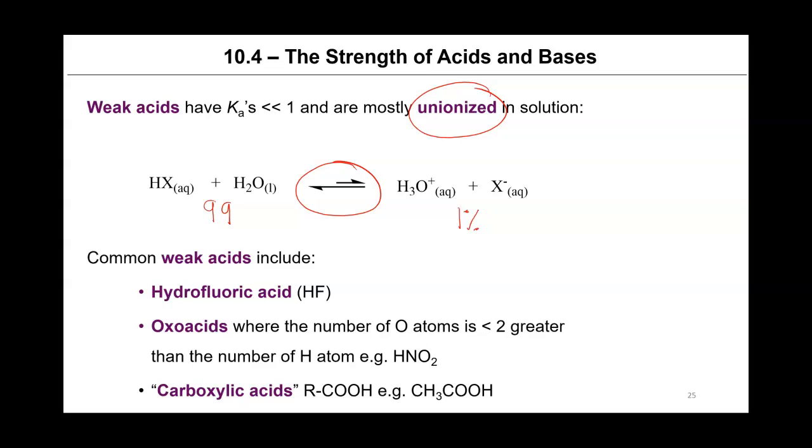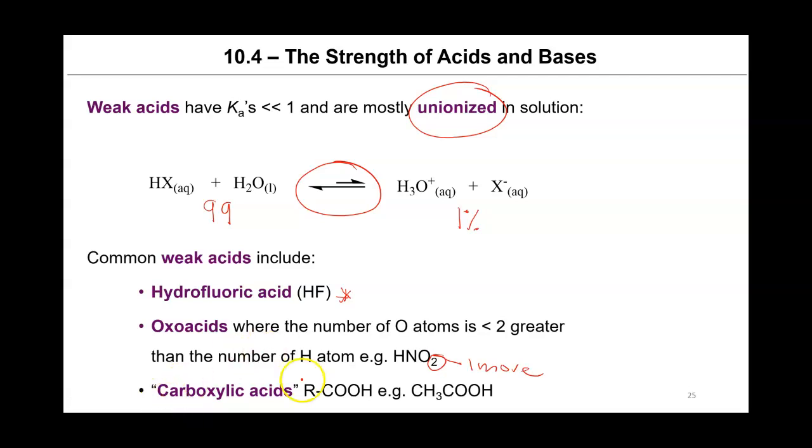So common weak acids include hydrofluoric acid, which we mentioned previously as not being strong. Oxoacids that don't have enough oxygen to be strong, so for example, if we only have one more oxygen atom than hydrogens, or if we have an equal number of oxygen and hydrogens. So this one here is nitrous acid; we only have one more oxygen than hydrogen in this case, so it doesn't meet the criteria for being strong.